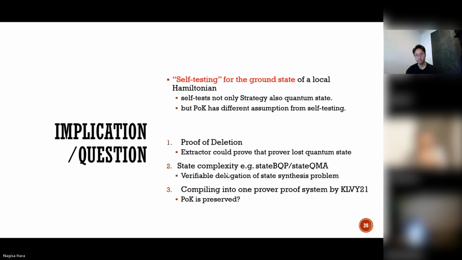And do you think that even the modified version with zero knowledge, do you think zero knowledge is also just as immediate as proof of knowledge in the compiled setting? I believe so. Actually, I'm working on that with some very nice colleagues.